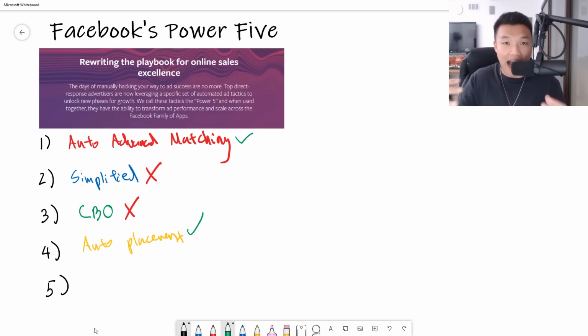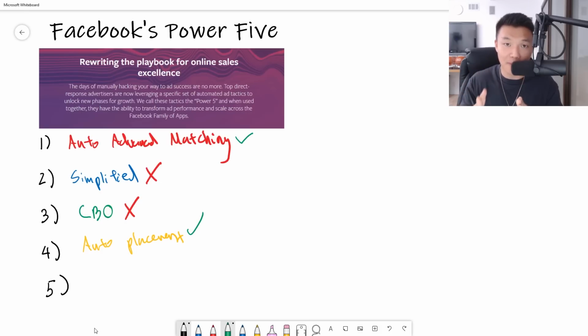You probably don't need an algorithm to help you figure that out because the dimensions of your video is not going to look too hot on Facebook newsfeed, right? Or on desktop. So only in situations where you have made a particular type of creative that only thrives on a certain placement, that's the only time you should move away from auto placements.